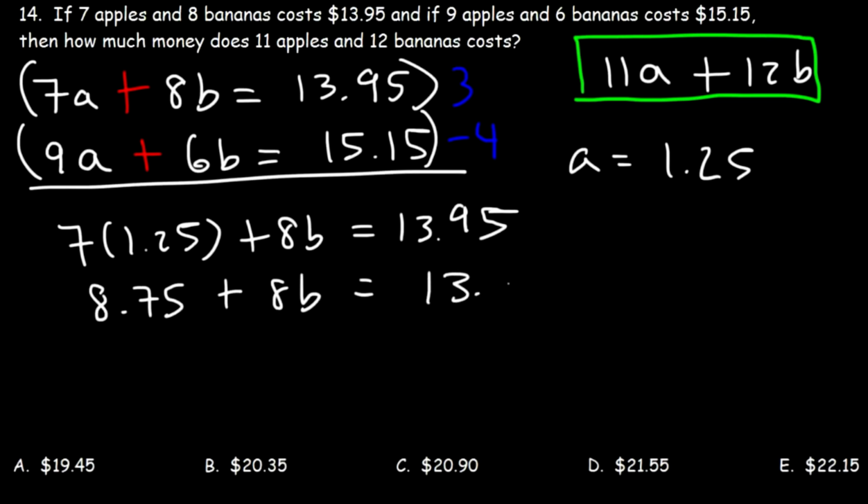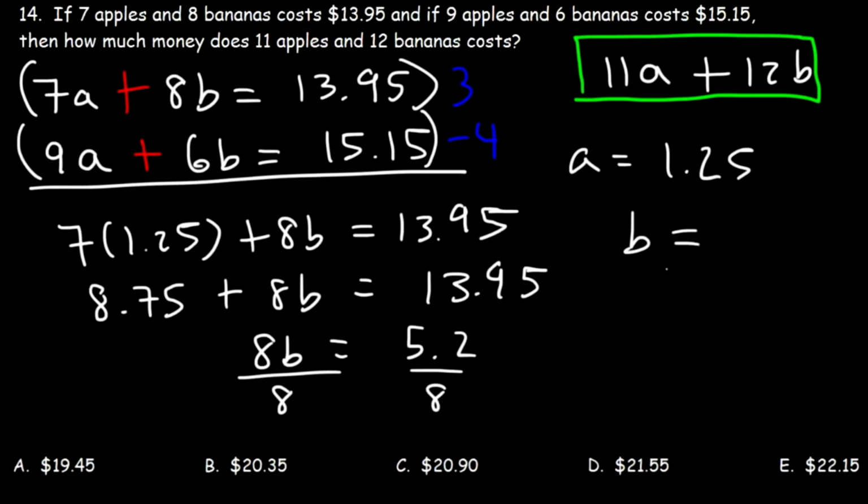Now let's subtract both sides by 8.75. So 13.95 minus 8.75 is 5.2. Now to find the value of b, let's divide by 8. So 5.2 divided by 8 is 0.65. So the cost of each banana is 65 cents.